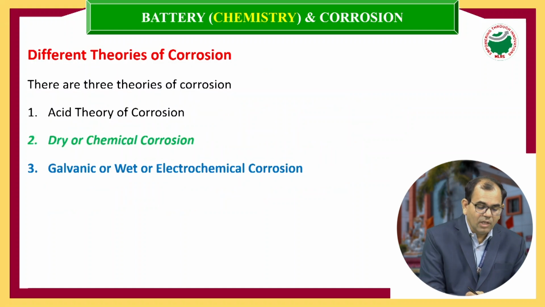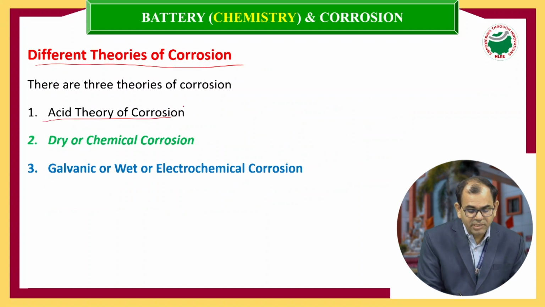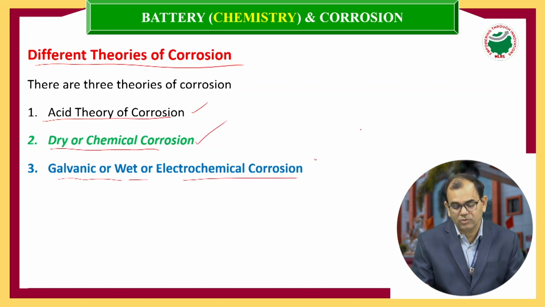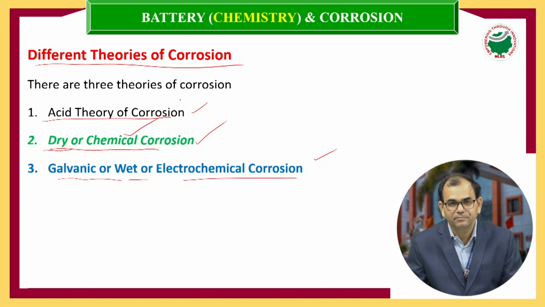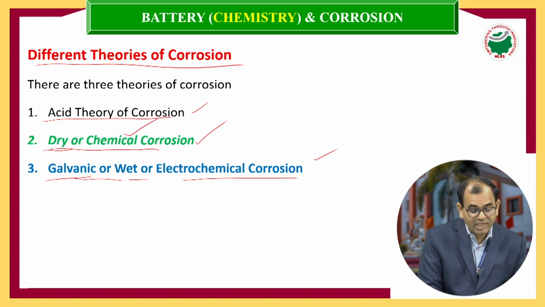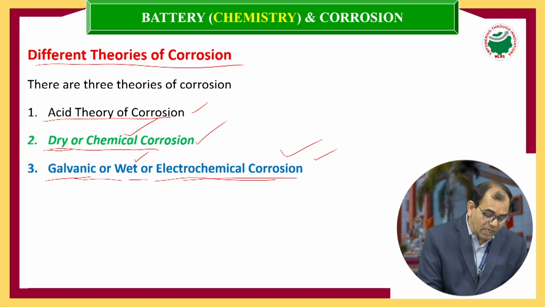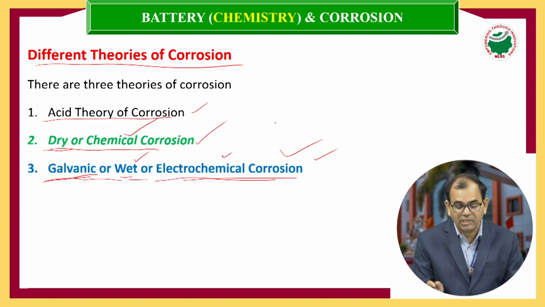Now, there are three different theories of corrosion: the acid theory of corrosion, dry or chemical corrosion, and galvanic or wet or electrochemical corrosion. Don't get confused: dry corrosion is nothing but chemical corrosion, whereas galvanic corrosion is nothing but wet corrosion, and wet corrosion is nothing but electrochemical corrosion. Why do we call galvanic corrosion wet or electrochemical corrosion?